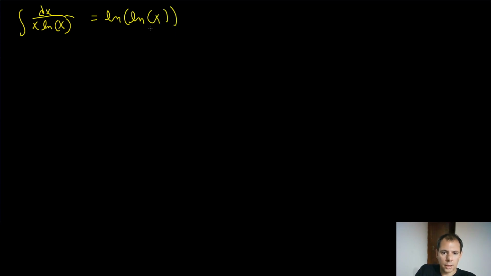So ln of x, divided by the derivative of this function, which is 1 divided by x. But you do have a 1 divided by x in here too already, multiplying this.